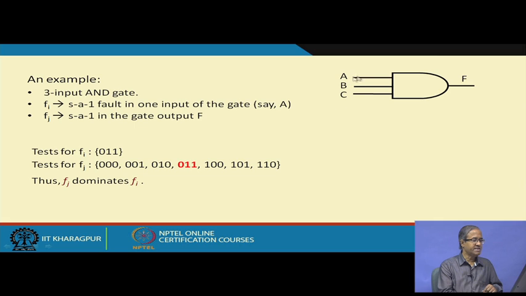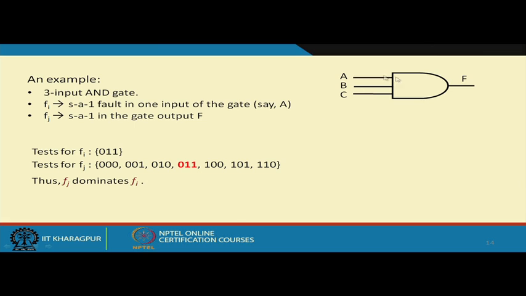So, for detecting stuck at 1 fault in line A, what are the possible test vectors? There is only one test possible, 0, 1, 1, because if B and C are anything other than 1, 1, output will be permanently 0. So, I want to apply something where B and C will be allowing the fault effect to propagate, that means 1, 1.